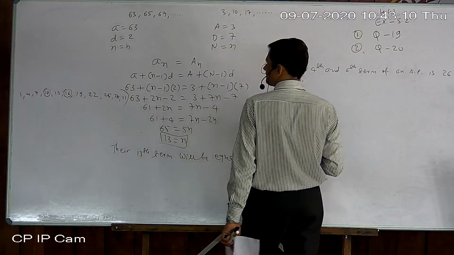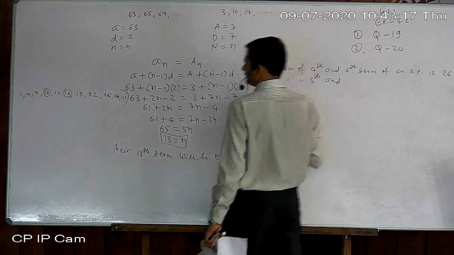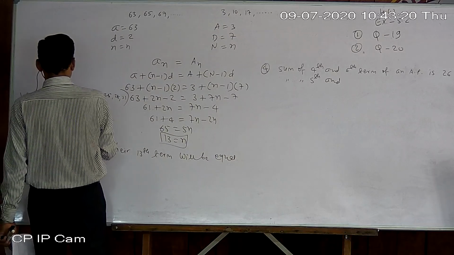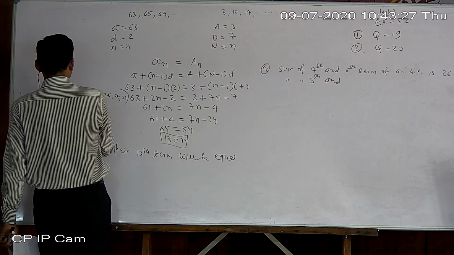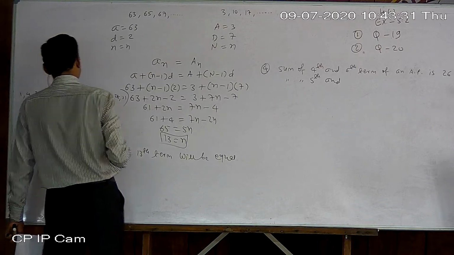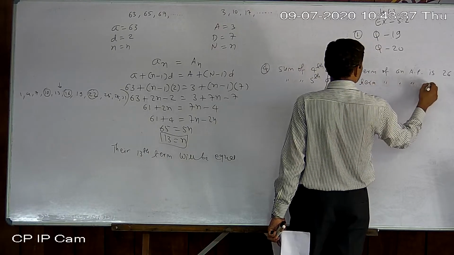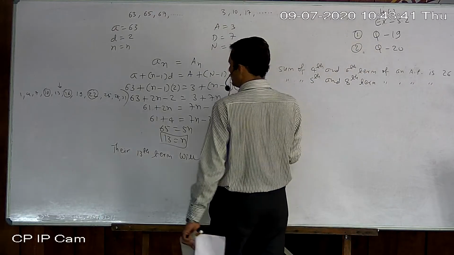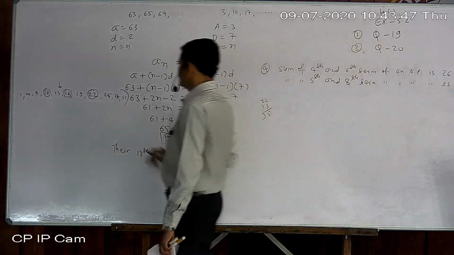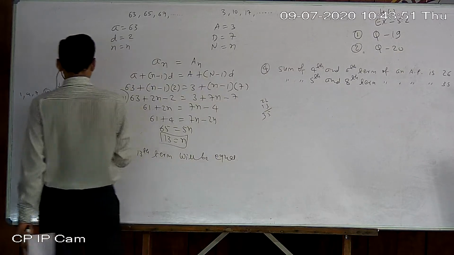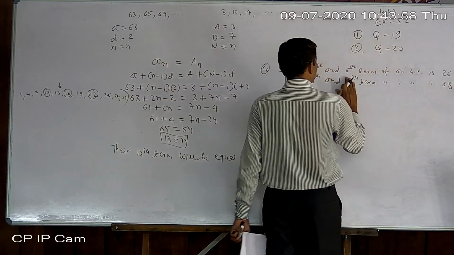The sum of the fifth and eighth terms of an AP is 35. Find the ninth term. I am taking ninth only. Ninth term. Again, I just verify.